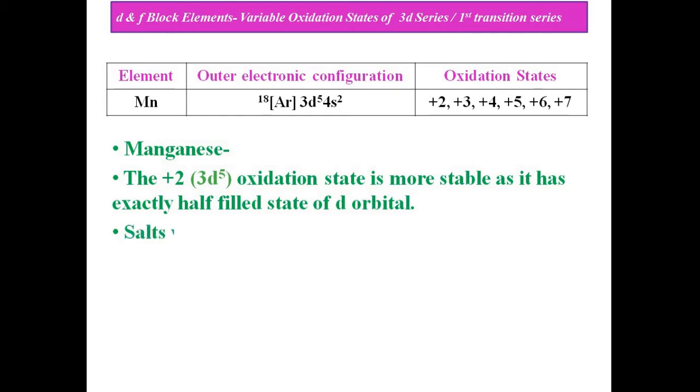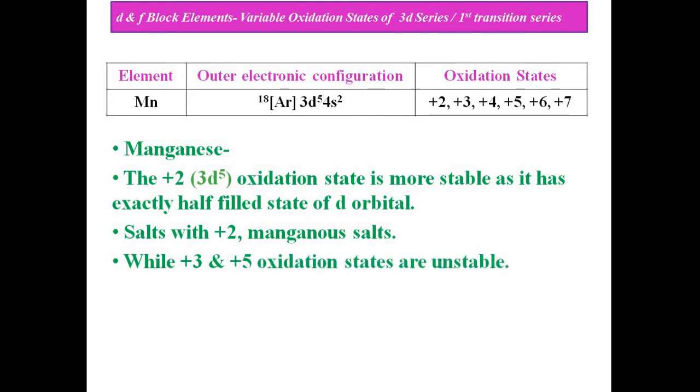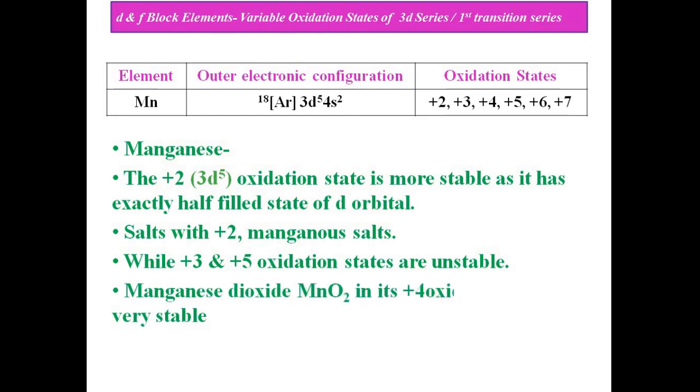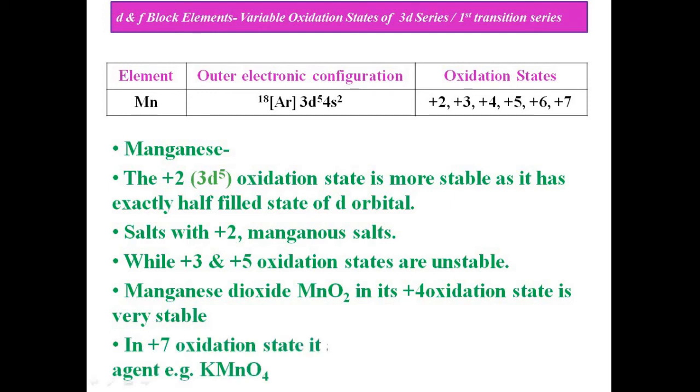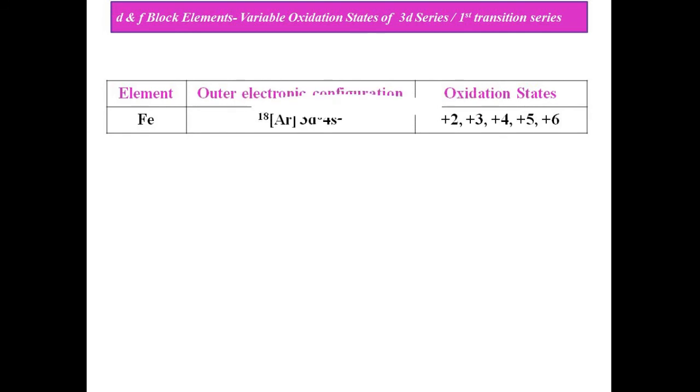Similarly to chromium, salts with +2 we call manganous salts, while +3 and +5 oxidation states are unstable. Manganese dioxide, MnO2, in its +4 oxidation state is very stable, and +7, which is the highest oxidation state for these 3d series elements, acts as a very good oxidizing agent. Example: KMnO4.